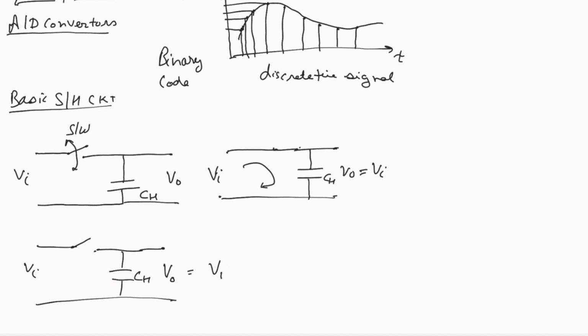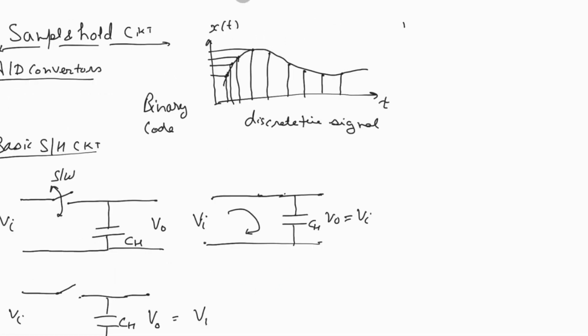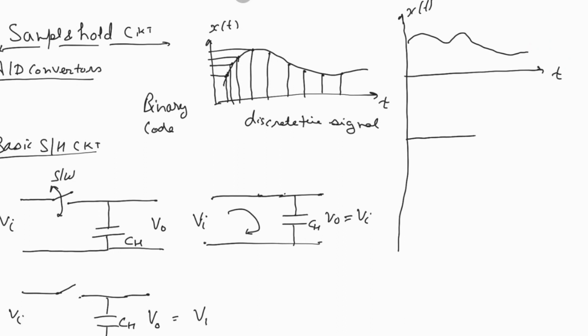Now let's further understand it in the form of a waveform. Let's say we have a continuous analog signal, x(t), which varies as a function of time. Then we have a second signal which is called the control signal. It is basically a signal that will be used to close and open the switch.